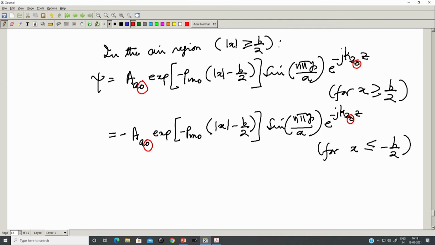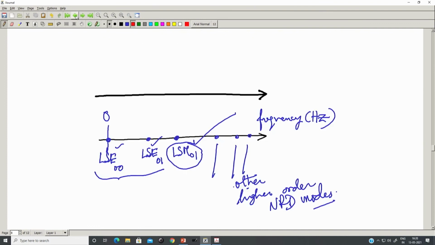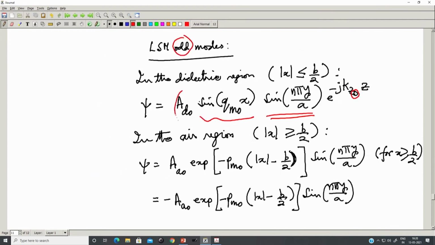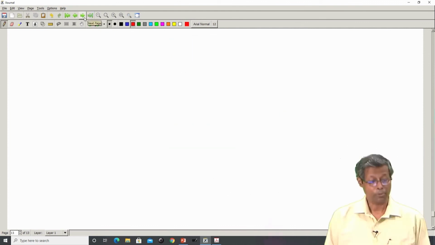All these terms which are present here, A_DE, A_AE, A_DO, A_AO, they refer to the amplitude terms of the potential functions. Okay. So, let us stop here for this and we will continue from here.